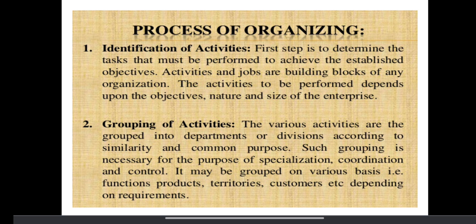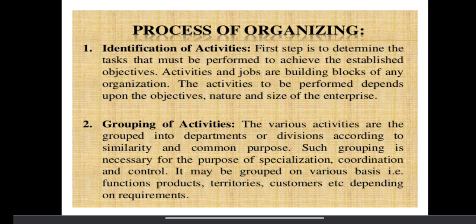Next, move to the process of organizing. As we have seen in the earlier slide, there are four processes in the organizing structure. So the first one is identification of activities. It's the first and primary step.